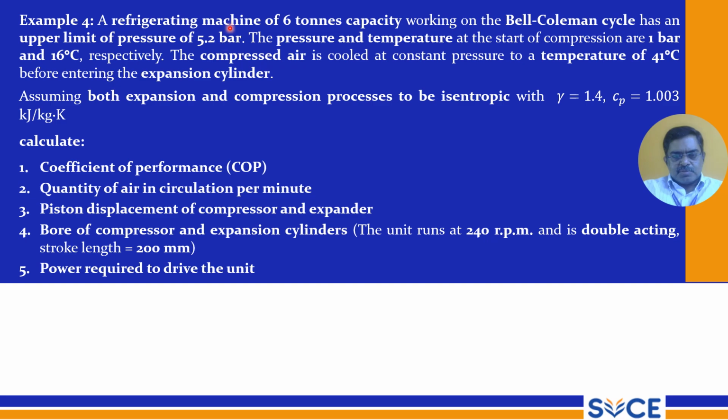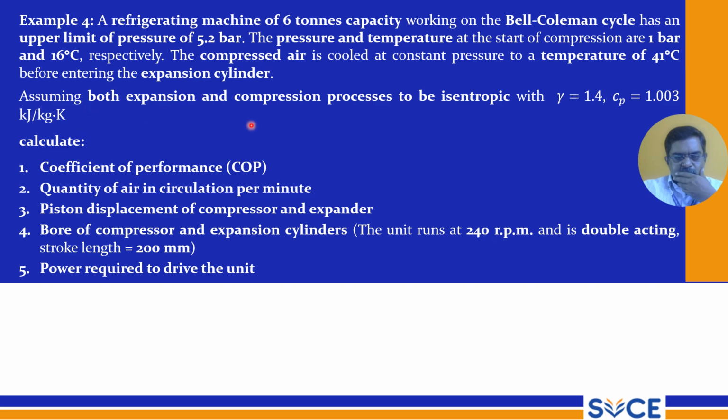A refrigerating machine of 8 tons capacity working on the Bell-Coleman cycle has an upper limit pressure of 5.2 bar. The pressure and temperature at the start of compression are 1 bar and 16 degrees Celsius respectively. The compressed air is cooled at constant pressure to a temperature of 41 degrees Celsius before entering the expansion cylinder.